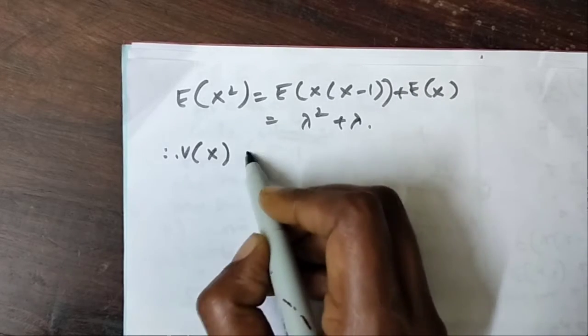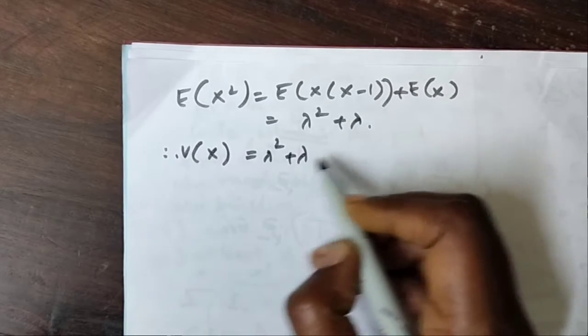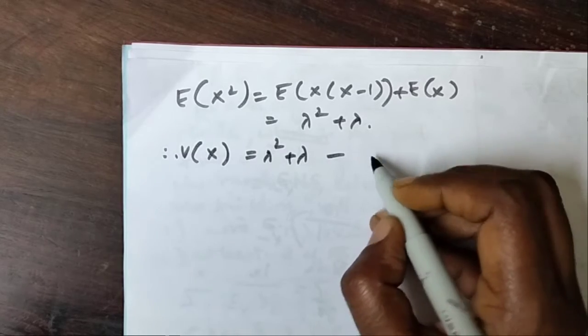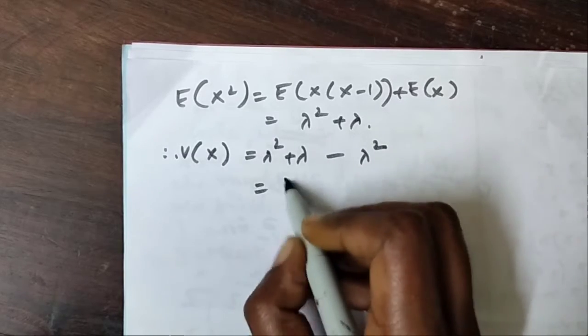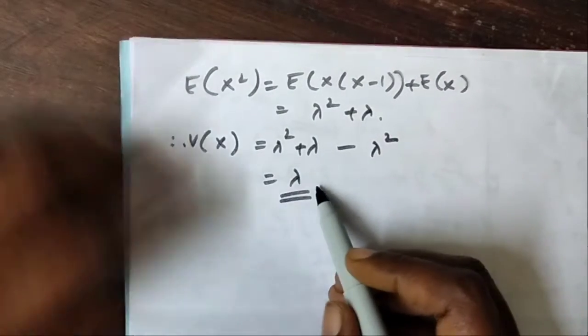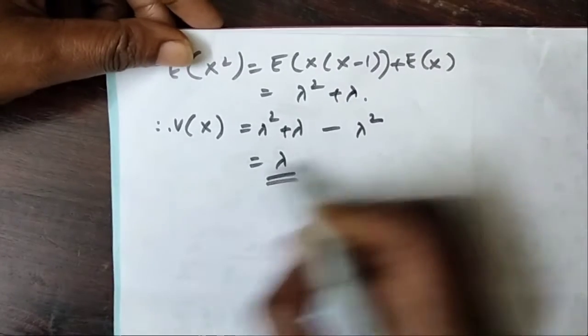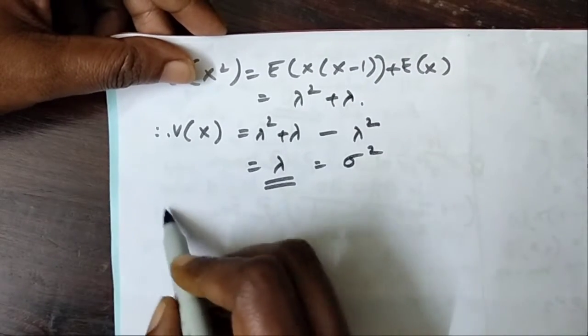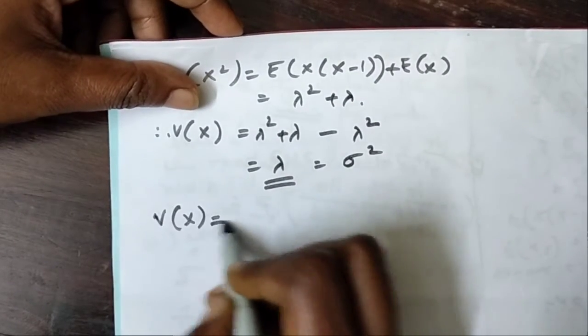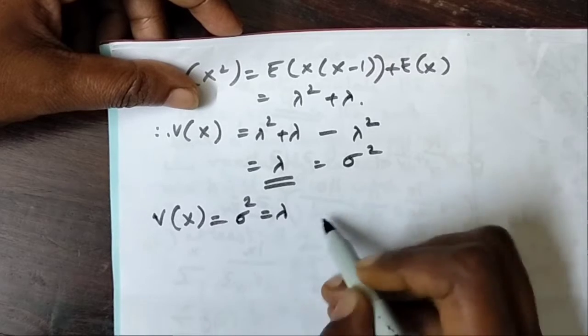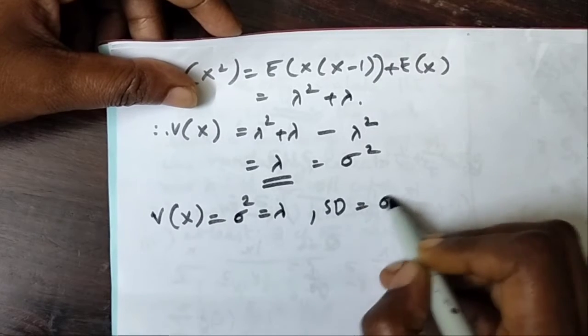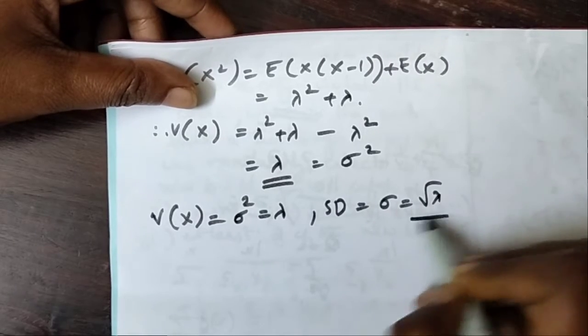Therefore variance of x is lambda square plus lambda minus E of x the whole square, that is again lambda square. So it is lambda. So variance of x is lambda, or sigma square is lambda. Variance is represented by sigma square, which is lambda, or the standard deviation sigma is root of lambda.